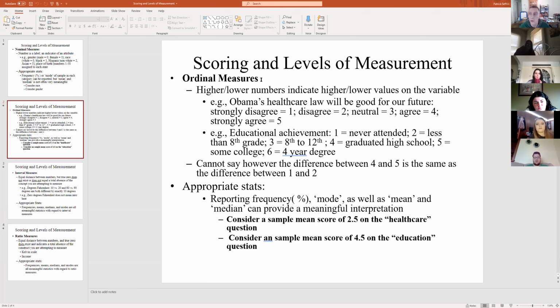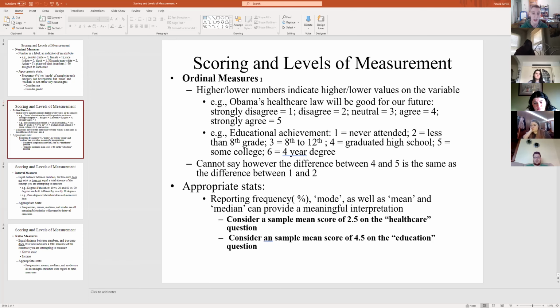And typically the way these measures go is whatever qualities nominal has, ordinal has those qualities too, plus more. So with ordinal measures, of course, you can say, what percent of people in our sample said that they strongly agree with Obamacare? You can say, what was the most common response? That's the mode. You can do that, which you can do with nominal variables.